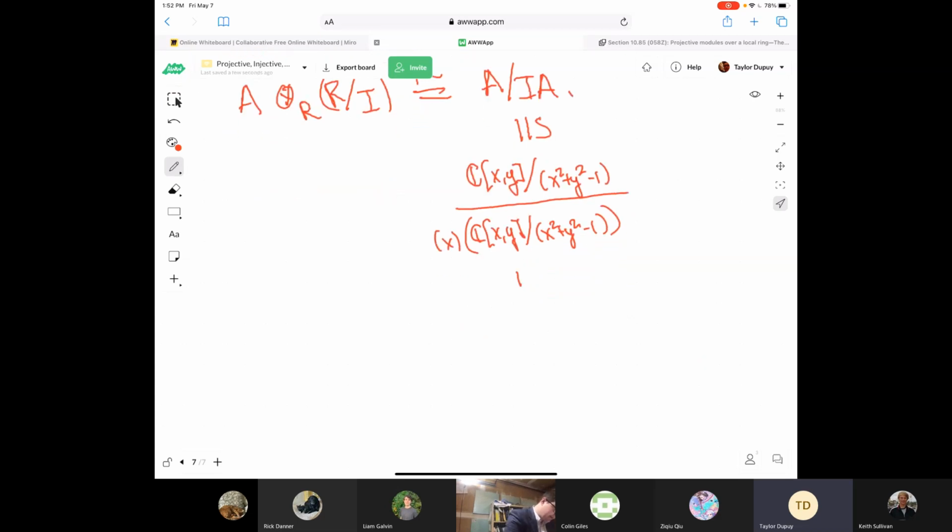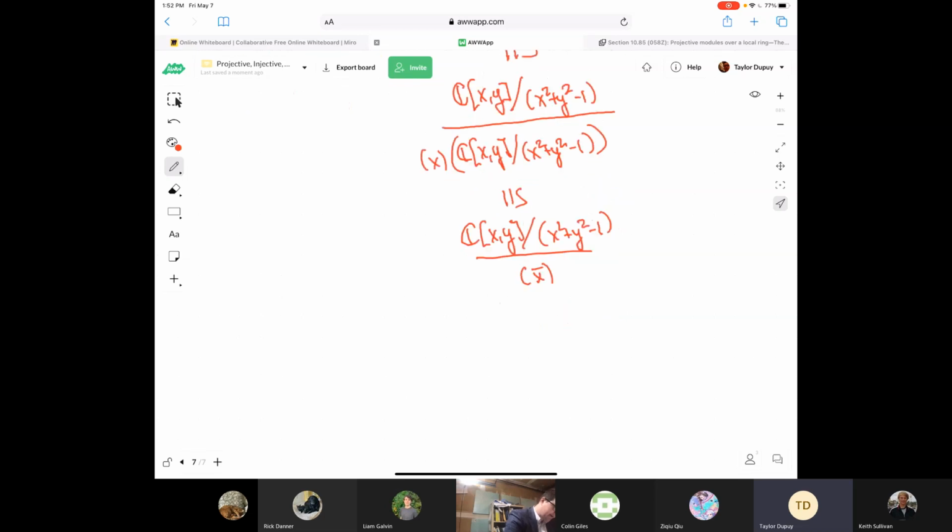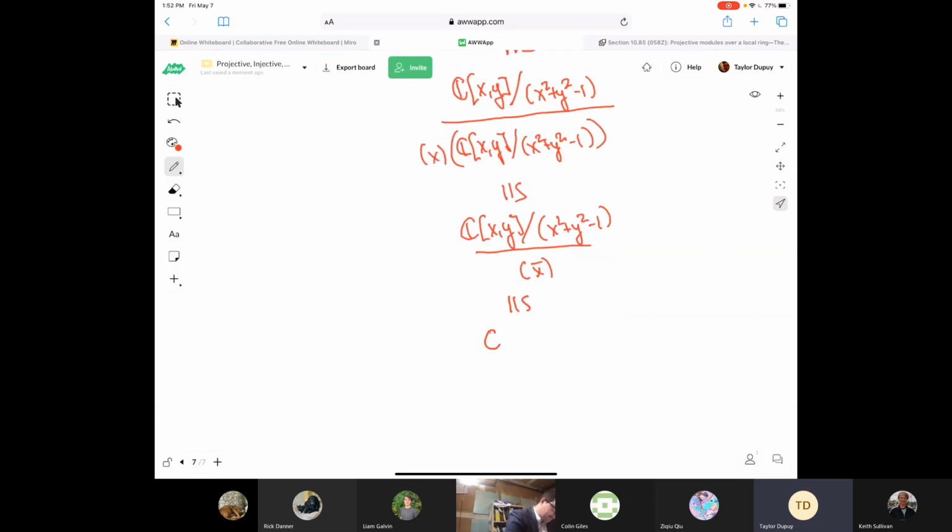So this is the same thing as the top thing, modded out by this extra x. And what is that? This thing is really just C of y. We just kill all the x's: y squared minus 1.